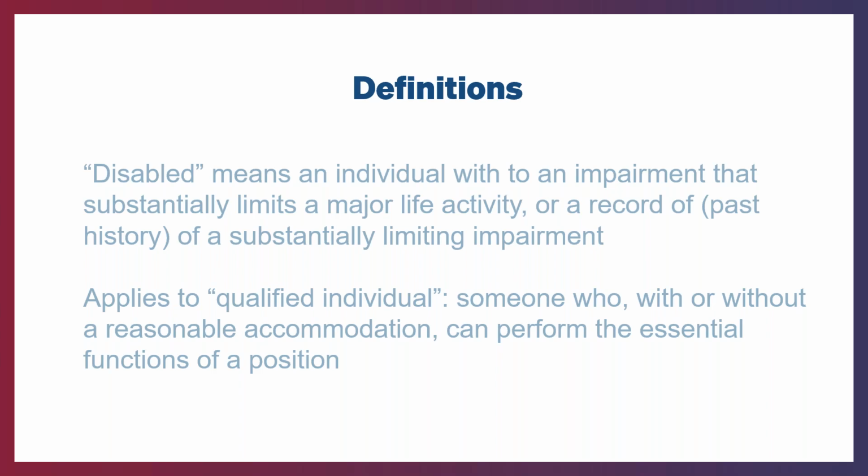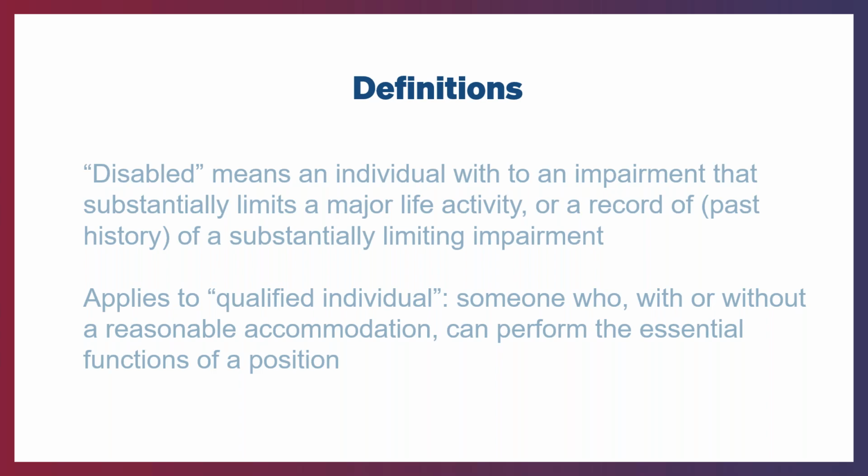So the definition of disability under the ADA in the case of employment, it applies to a qualified individual. Now, a qualified individual is someone who, with or without a reasonable accommodation, can perform the essential functions of a position.